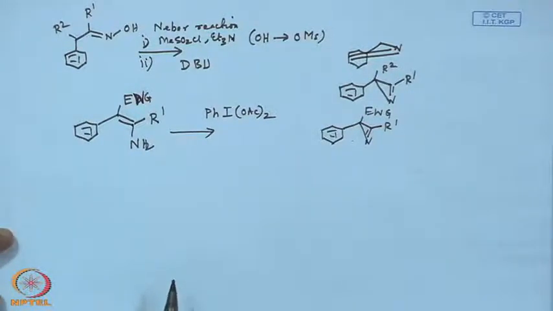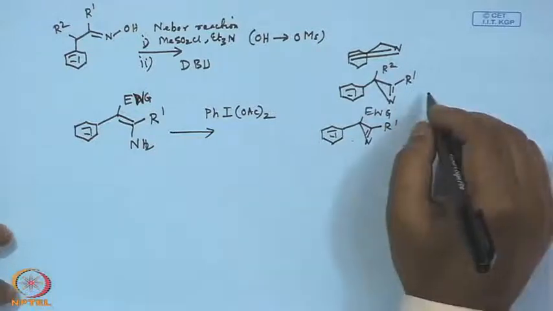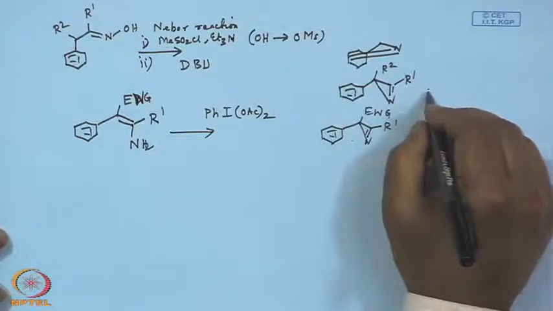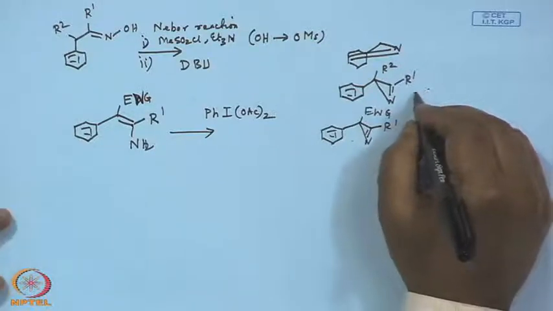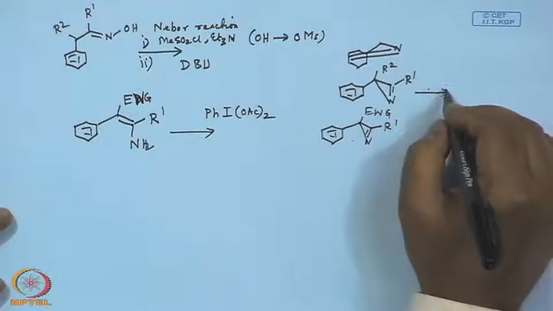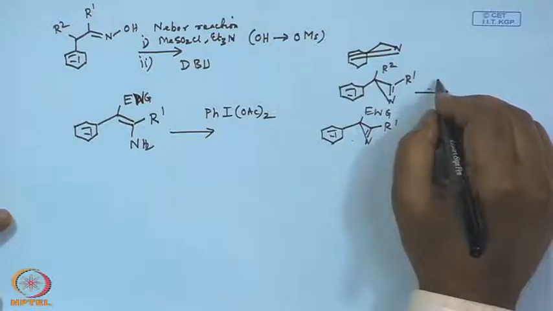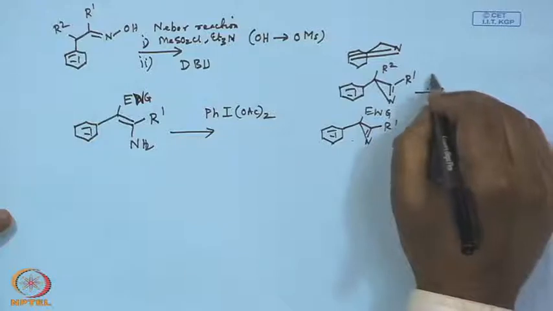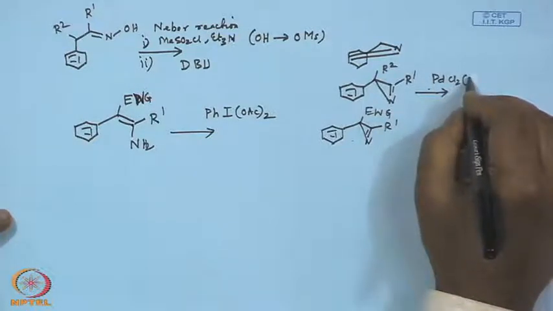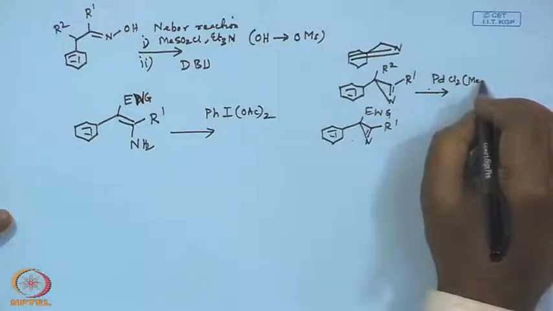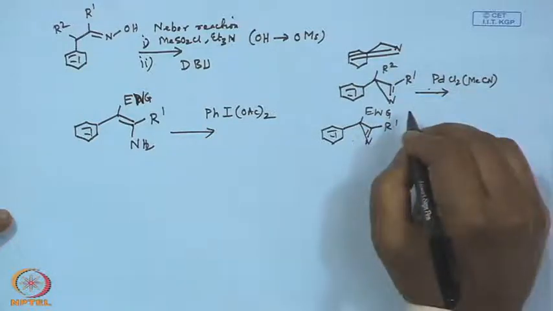Now what you will find is that azidines can again be converted to indole, as you have already seen before, by simply heating it, but you do not have to heat at high temperature. People have been using different catalysts now. For example, the one recently used is palladium chloride with the acetonitrile complex, right.